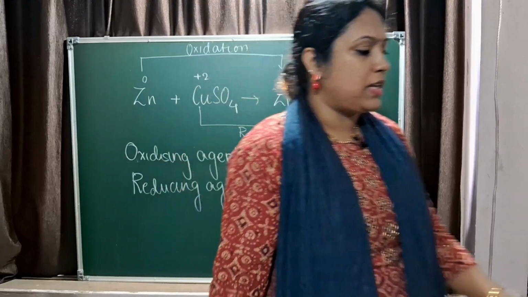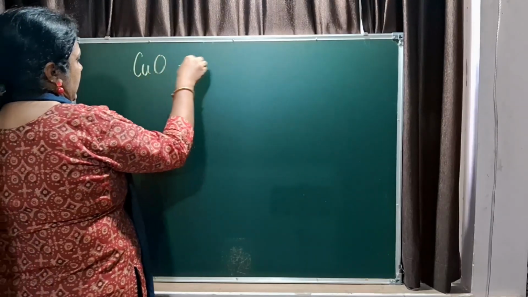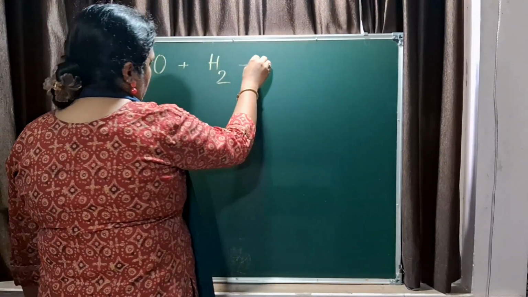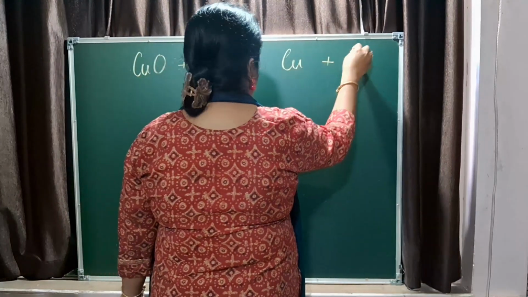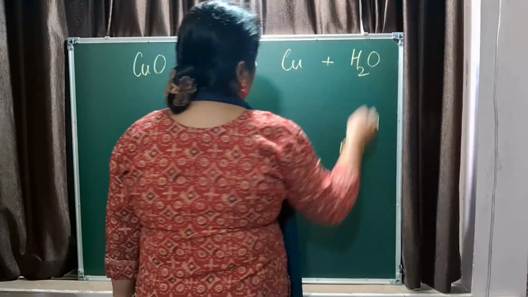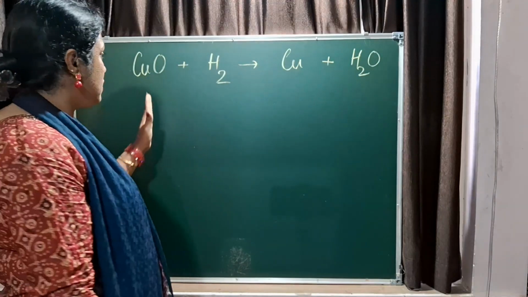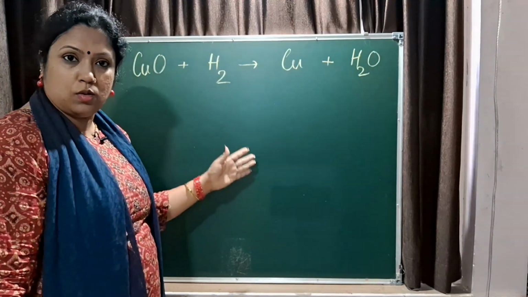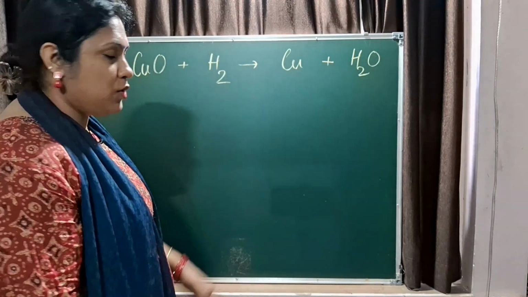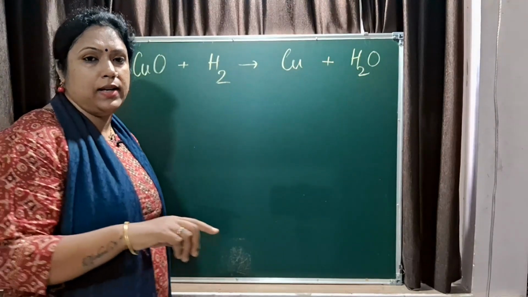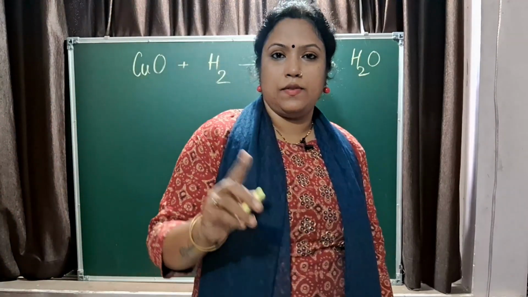Let us solve a few examples. Copper oxide, when it reacts with hydrogen, produces copper and water. Now you have to tell me which one is oxidized, which one is reduced, what is the oxidizing agent and what is the reducing agent. Pause the video, write and then see whether you are right or wrong.